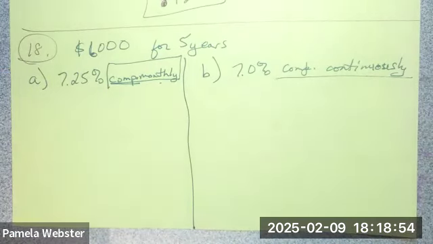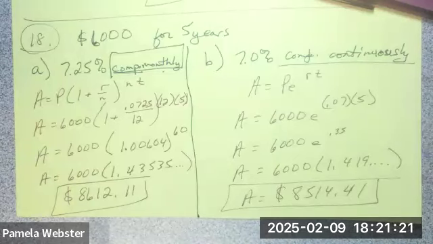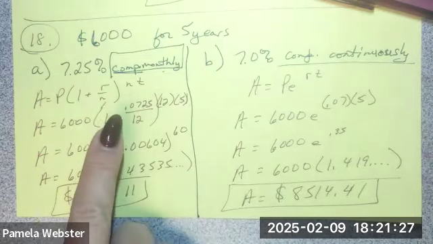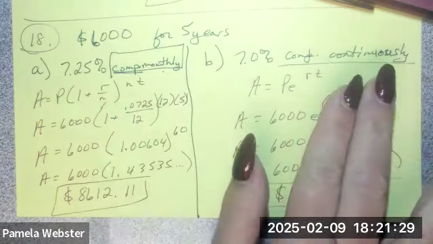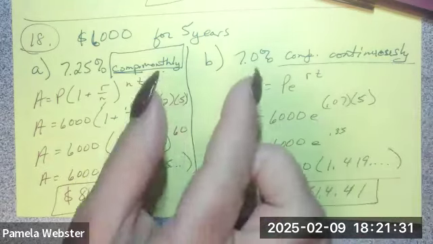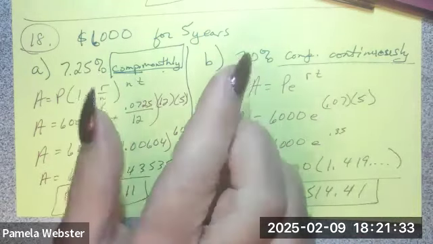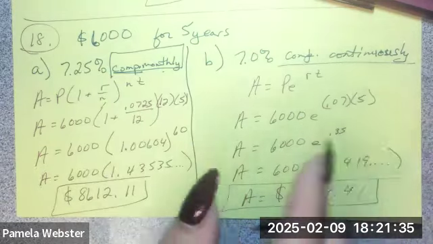And the question says, which one gets you a better yield, right? Greater payoff. Hopefully you worked it both ways. Most of the time, if it was the same percentage rate, compounded continuously would be better, right?